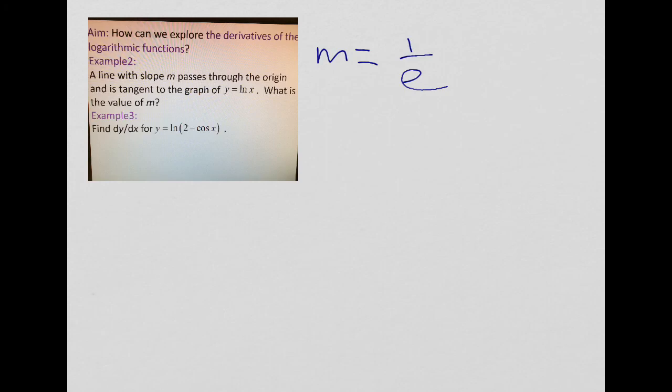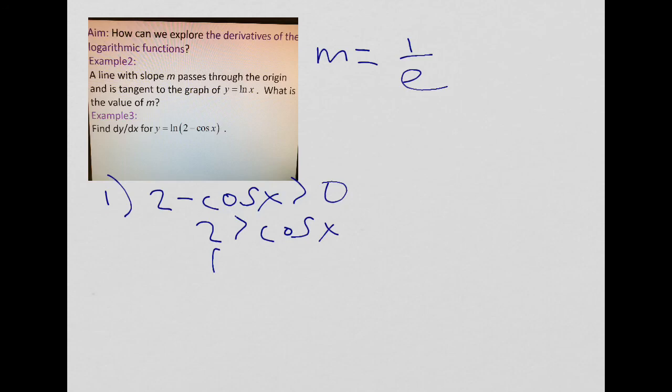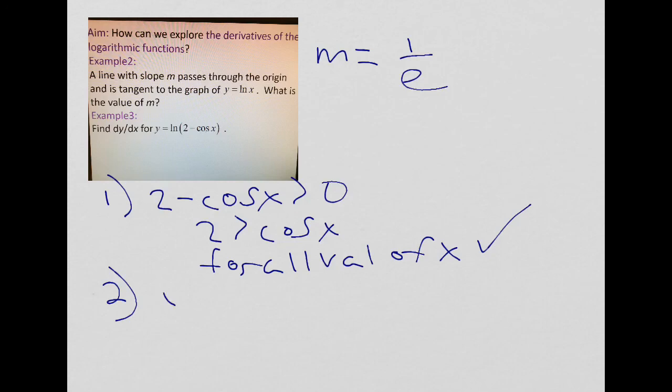This is pretty straightforward, except we have to, step 1, take the 2 minus cosine of x, make it greater than 0, and solve. Luckily, this is true for all values of x. So we don't have a restriction, and we could just go about looking at our formula. We don't need to rewrite it either, but I'm just going to write what we have.